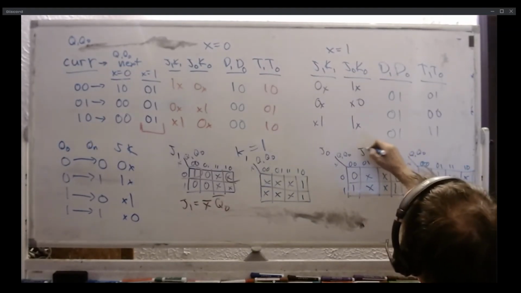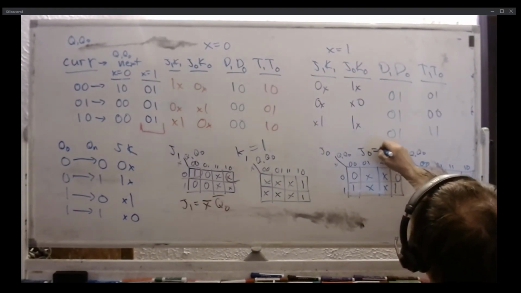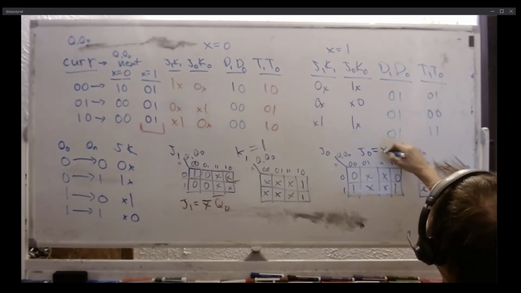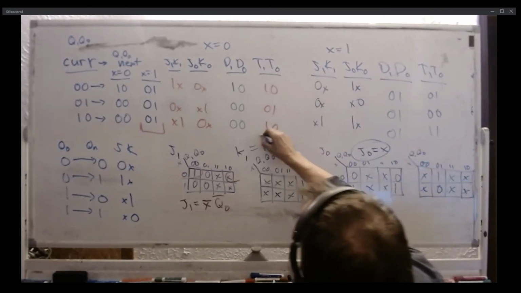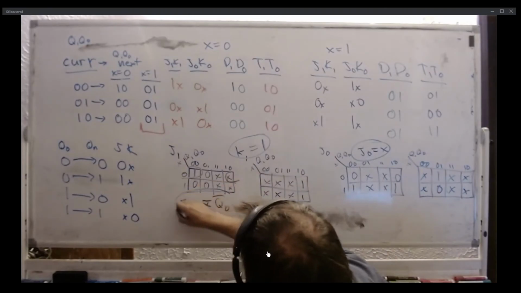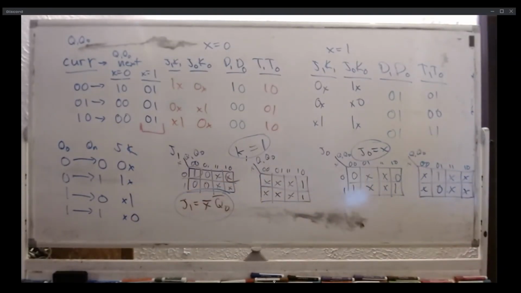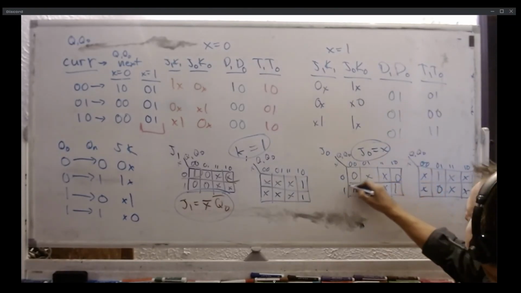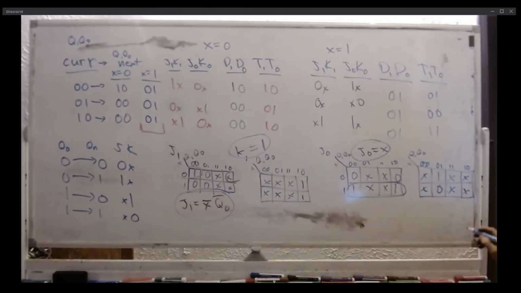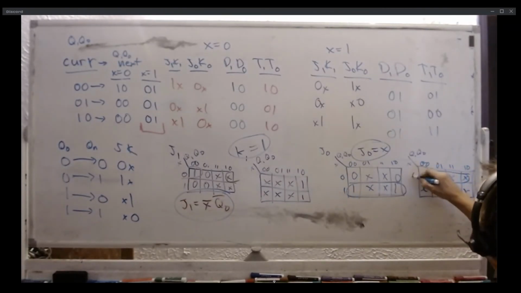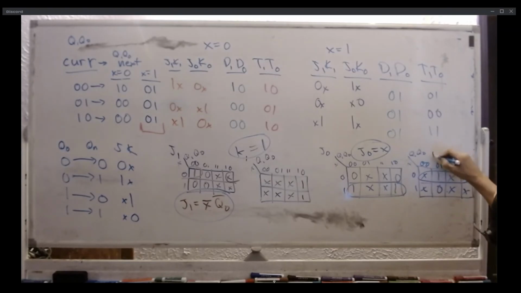I get J0 is equal to simply X, if I did it right. Looks to be. And then this is going to be just as easy. K0 equals X not.